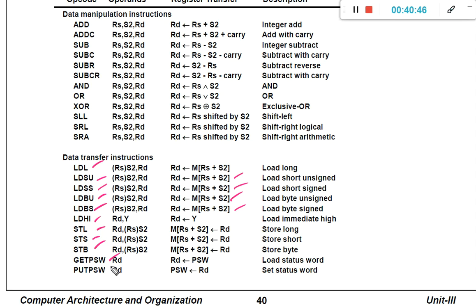We discussed how we are going to put the values for this status word. Put PSW, set status word, load status word and set status word. These are the data transfer instructions available in Berkeley RISC-V.